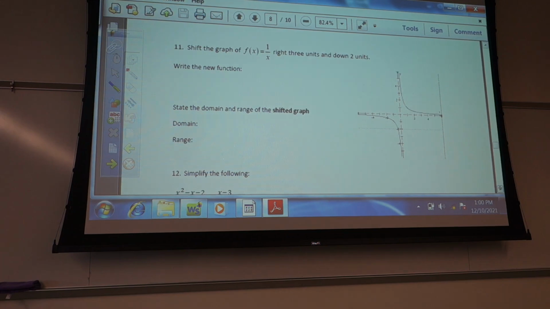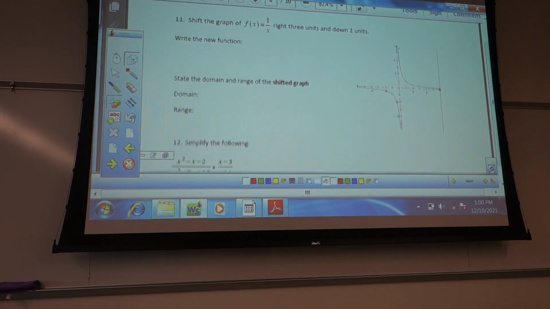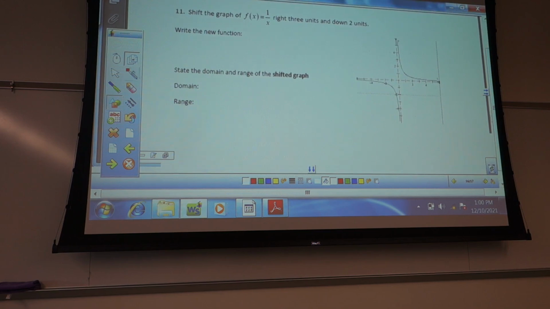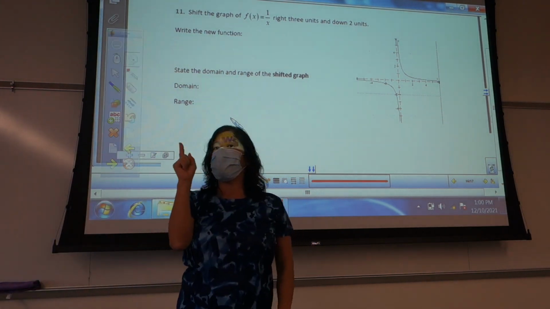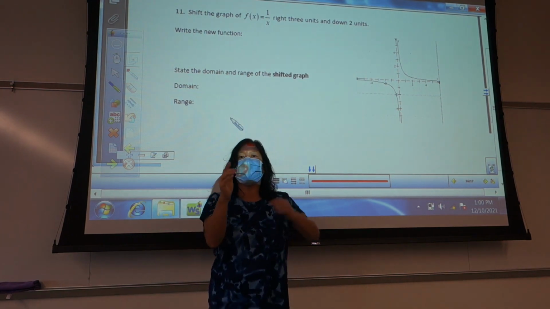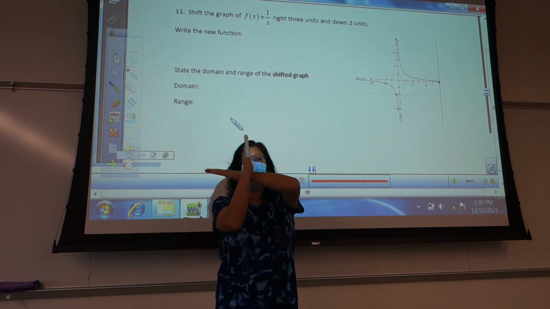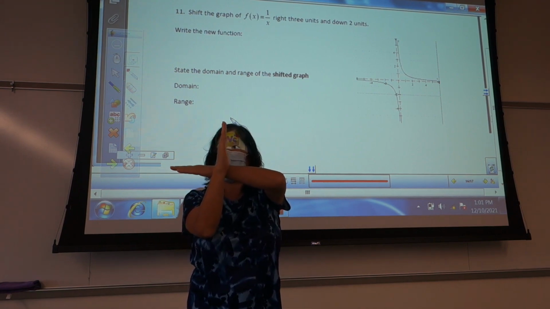Oh yeah, this is important. We haven't done any of this in a long time. Shift the graph 3 right and down 2. So this is our basic one. Remember, whenever you have the 1 over x problem, that's our basic problem. You have a center, which is where your asymptotes cross.